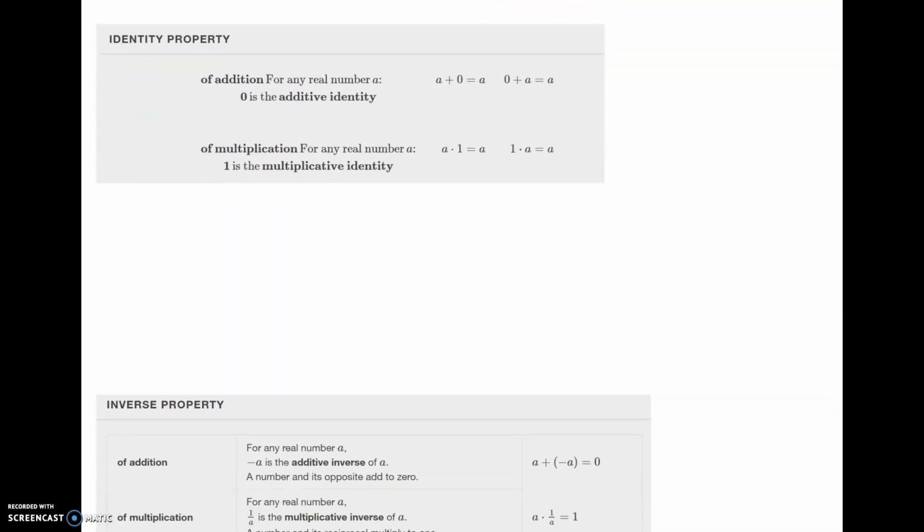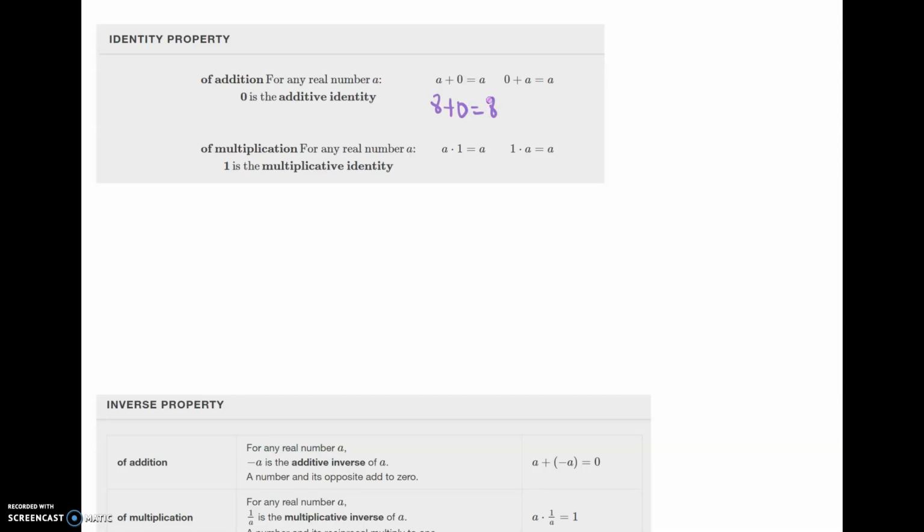Now, the identity property basically says, or there's two of them, I should say. There's the additive identity, and then there's the multiplicative identity. Both of these say that if I were to add a number or multiply by a particular number, I would still get that original number. So if I were to have, say, for example, 8, and I were to add a 0, I'd still end up with 8.